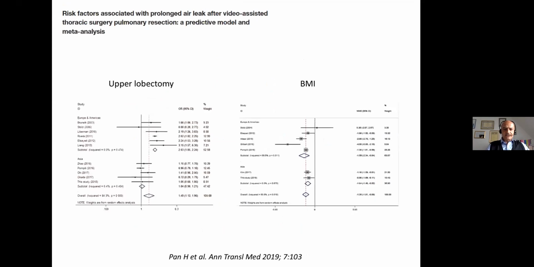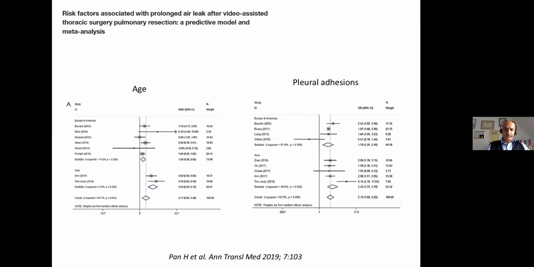This is a meta-analysis of factors associated with prolonged air leak. You see upper lobectomy, BMI, quite consistent. Low BMI is probably a marker or a surrogate of other variables more associated with sarcopenia or a low protein level and a reduced capacity of repair and increased frailty that expose patients to a slow healing process in the lung after resection.